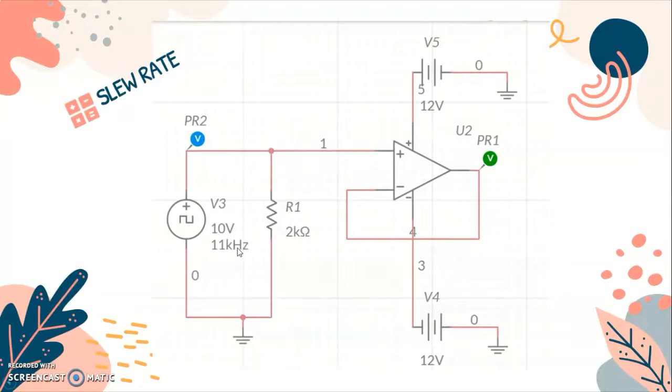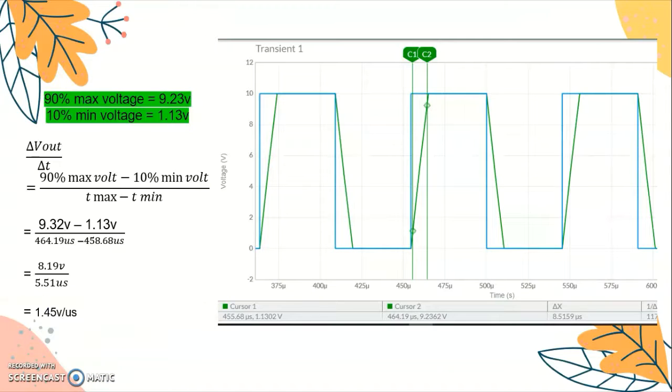Okay, here we have 10 volt and 11 kilohertz, and we use 12 volt. The output will take some time to reach from 0 to 10 volt, and the waveform will look like this.